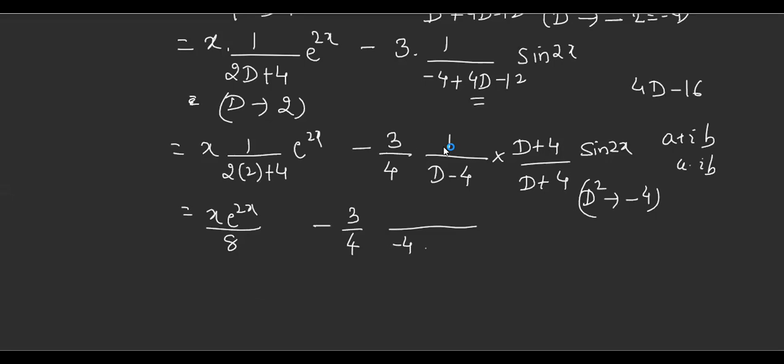Is the part clear? Is the denominator clear? Yes, ma'am. This is a minus b into a plus b, so I'm writing a square as D square. D square I'm replacing as minus 4 because we are operating on sine 2x. Now this is D plus 4, into 1 means same. Now let us simplify. This is the same, I'll not worry about it. What is minus 4 minus 4 square?